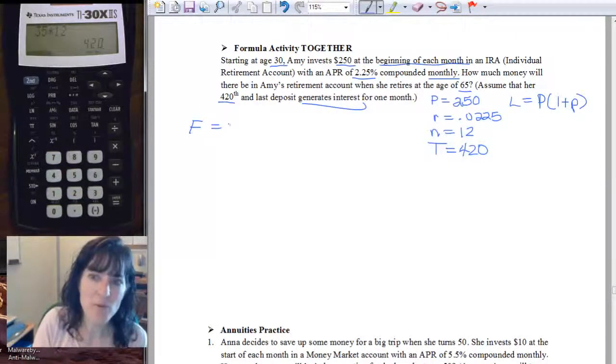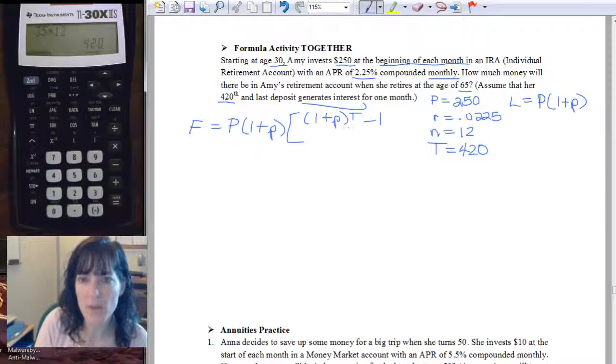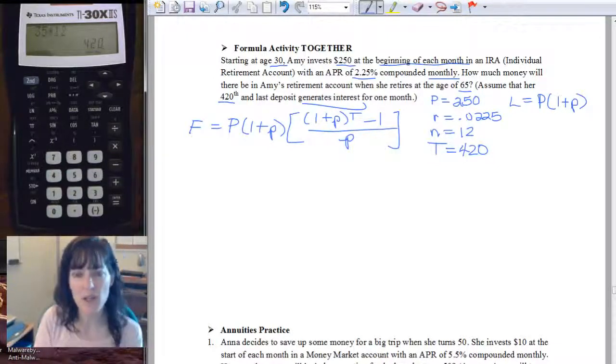So I'll have, instead of the L, I'm going to put my big P, 1 plus little p, times the big parentheses, 1 plus little p again, raised to the capital T, that quantity minus 1 over the little p. So there's my annuities formula, given that I have interest for the final payment.